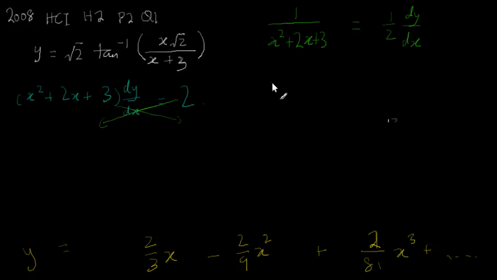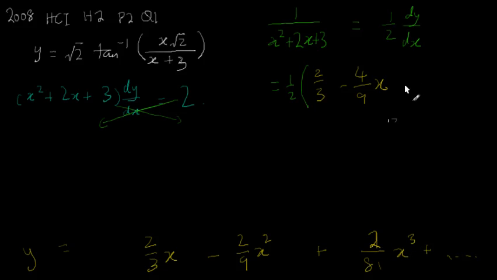So this is equal to half dy/dx. So I would differentiate this. That gives 2/3. Differentiate that. So x squared gives 2x. 2 times 2 is 4, minus 4 over 9 x.